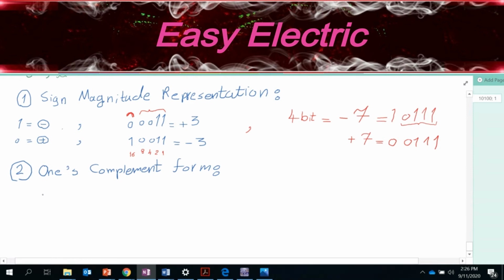So an example is this: if you want to represent -3, first you need to represent +3. So +3 with 4 digits is 0011. Then if you want to represent -3, you just need to take the ones complement of that.